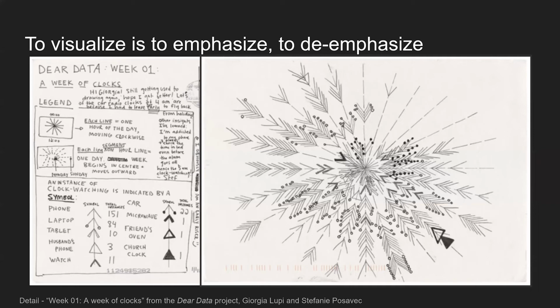The artist tracked when they did various tasks, so when they looked at clocks in various different capacities, in their car, on their watch, or on their phone. And then graphed where in the day it happened. And there are 7 lines on each one, so where in the week that happened. So it's really pretty. It's really interesting.